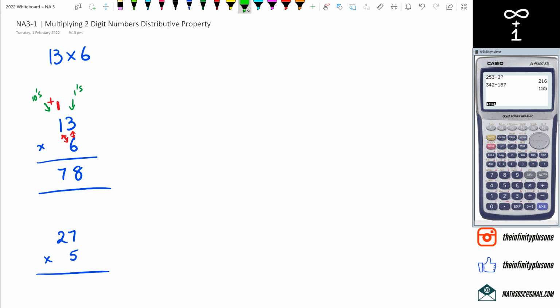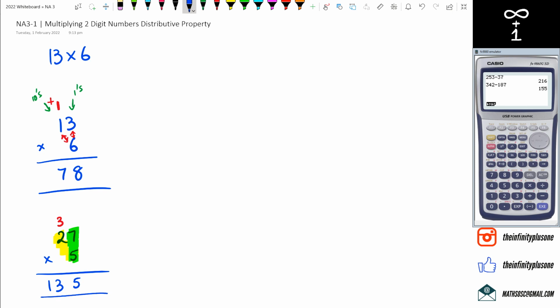I'm multiplying 7 times 5 and getting 35, which means I'm going to put that 3 on top of the 2, because it is in the tens column now. Next I'm going to do 5 times 2. 5 times 2 is 10, and of course 10 plus 3 is 13. So I put it in like this. Okay, hopefully that makes sense.